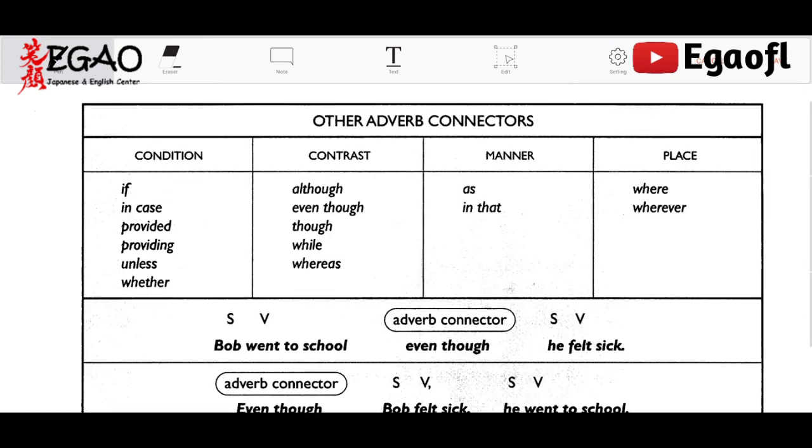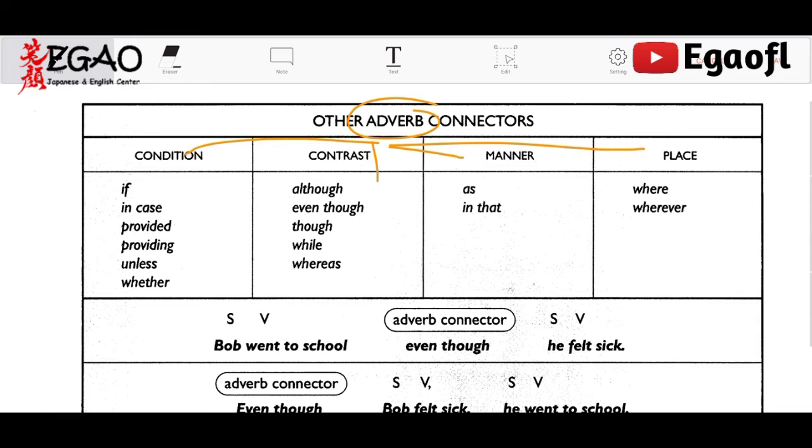And now skill 8 talks about other adverb connectors. In skill 8, actually similar to skill 7, it's still about adverbs and connectors, but there are only several kinds. So the adverbs are about condition, contrast, manner, and also place.